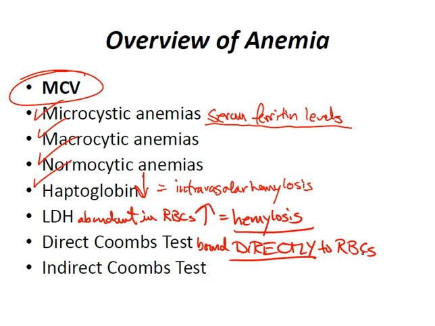The anti-globulin can also cause agglutination, thus constituting a positive test. A positive direct Coombs test suggests an autoimmune hemolysis.